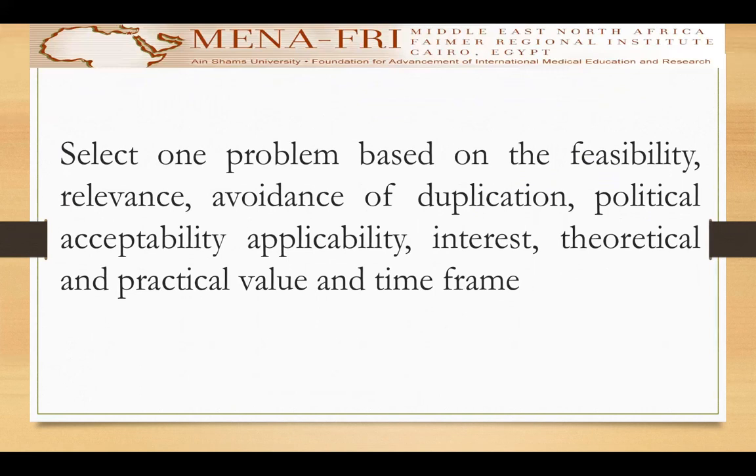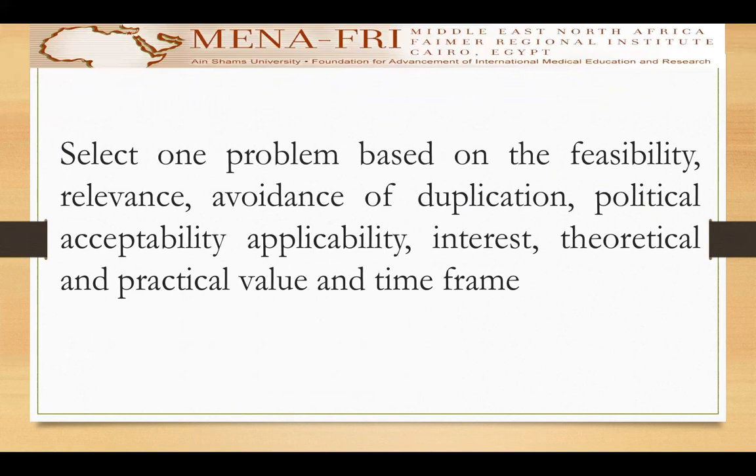Taking a look at all the problems that you find in the workplace, make sure that when you choose a priority problem, there is feasibility for you to actually do something about it. It's relevant to your expertise. Try to avoid duplication of efforts that are already being done.